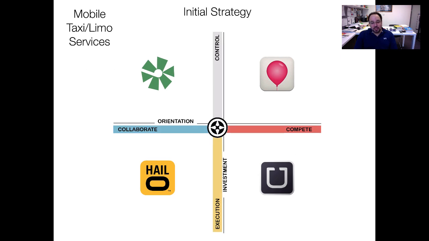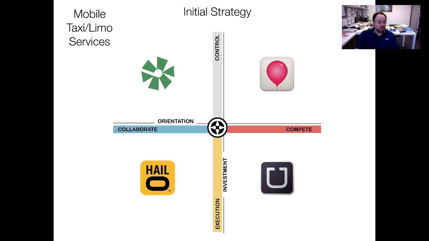So let's start with the bottom right-hand quadrant, Uber. Uber were choosing to compete, obviously, and they were focusing on an app that gave people a much better experience, execution. There was no lock-in. Lyft, moving up to the top right-hand corner, were choosing to compete, but they were using social things to lock people in more. Again, maybe to a lesser extent, but that's definitely what they're trying to do.